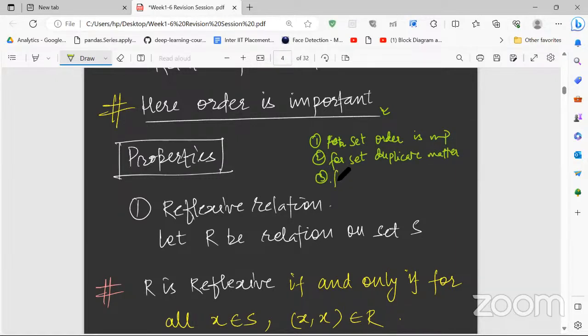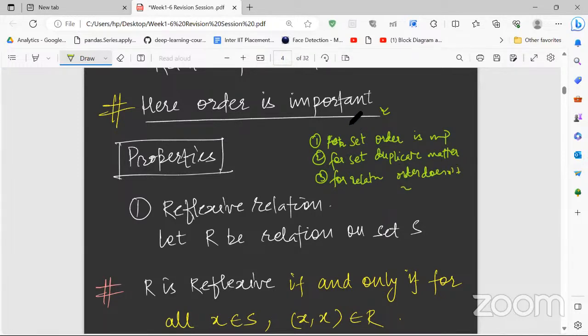And the third statement is: for a relation, order doesn't matter. So how many of the statements are correct? I think none. Yeah, none of the statements are correct.